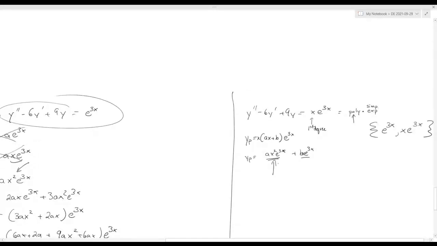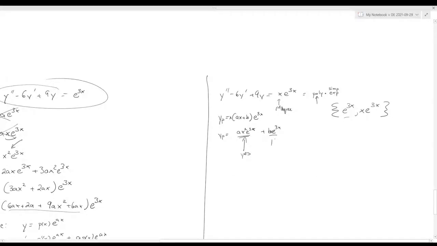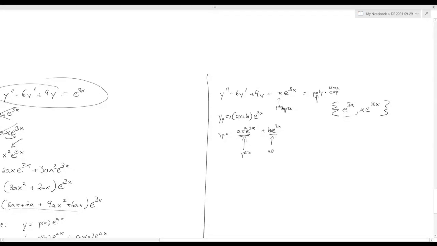So the answer for this term is yes. This cannot be combined with anything in the fundamental solution set. However, the second term is not fine because x times e to the 3x can be combined with the second function in our fundamental solution set. So it looks like you should, instead of multiplying by x, try the next higher power of x, x squared.